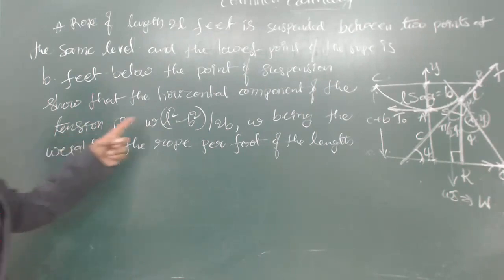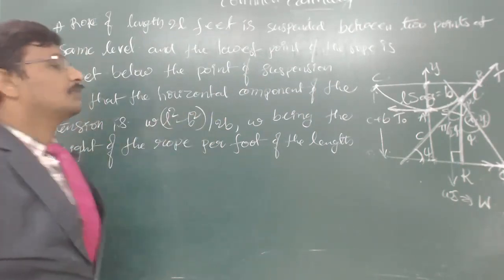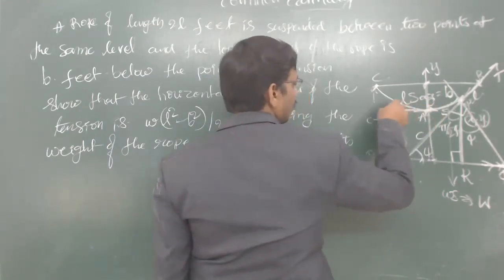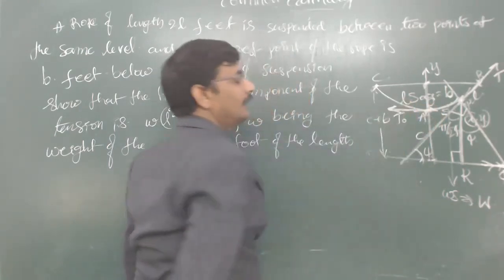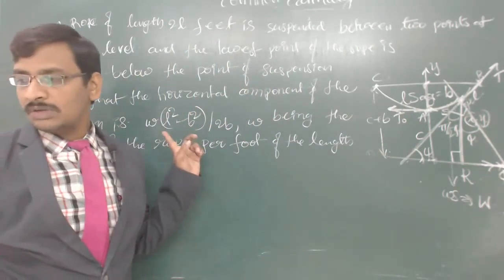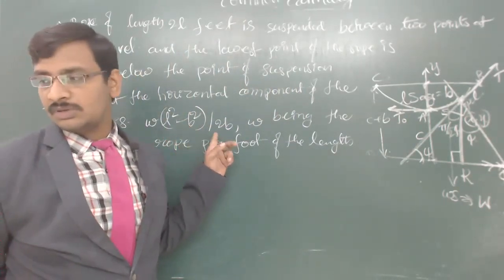Show that the horizontal component of the tension. The horizontal component of the tension is nothing but T cos psi, which is equal to T naught. So we have to find the T naught value, which is going to be equal to W times (L square minus B square) by 2B.